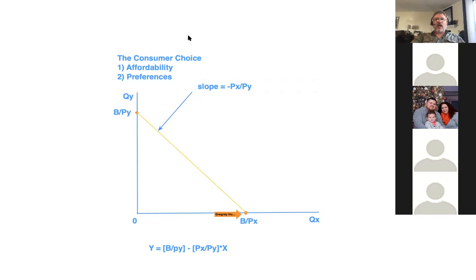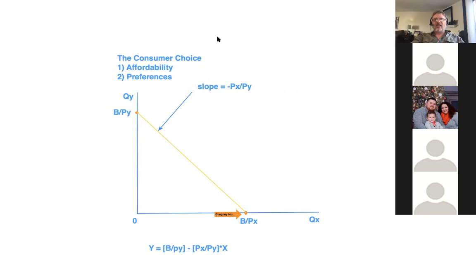So again, we're just describing what's affordable to the consumer, and the trade-off that the consumer faces when they have these prices, px and py, and they have a budget that's known, some amount of money b.